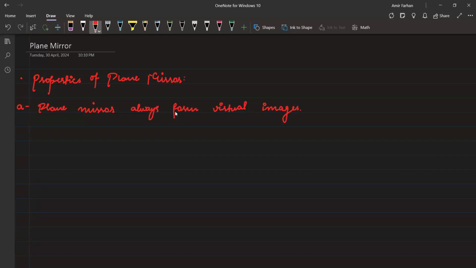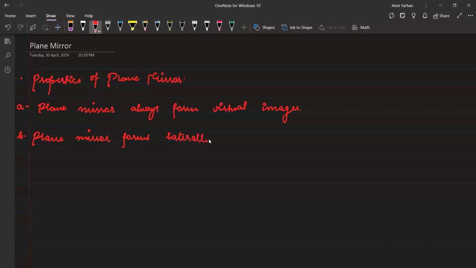Plane mirror always forms virtual images. Next is that plane mirror forms laterally inverted images.